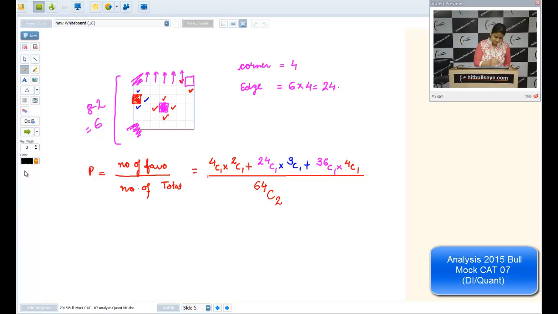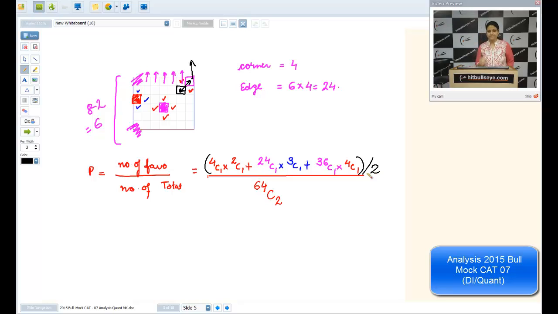What was that? See, whenever you are taking any choice, for example, if I am taking this square, this black one, this pair is already included. This arrow pair is already included. And if I take this corner square, again I am taking the same combination. So all the choices are doubled.